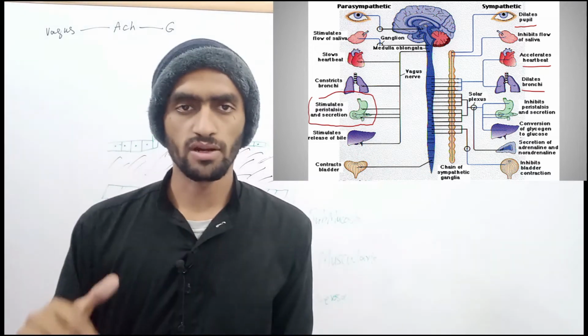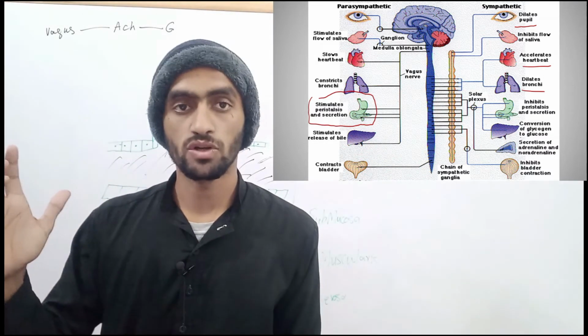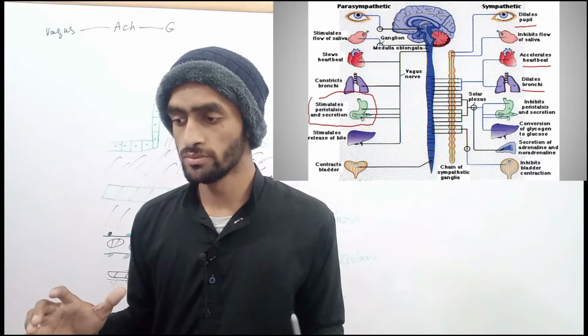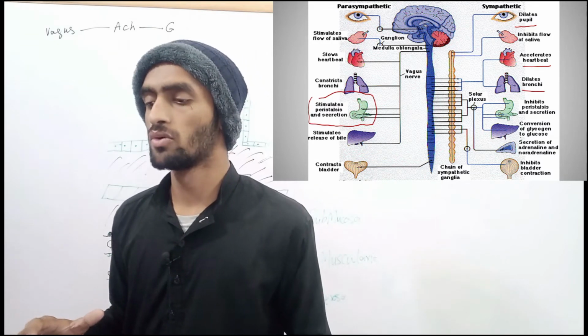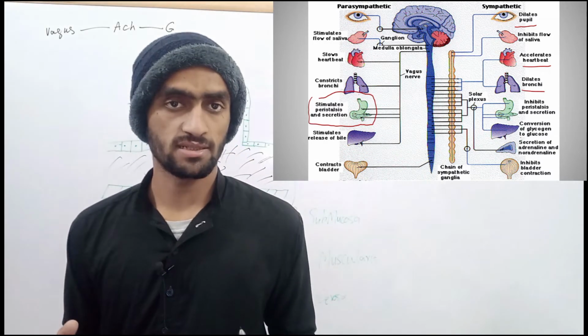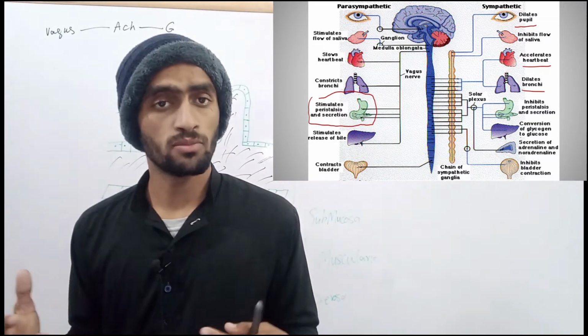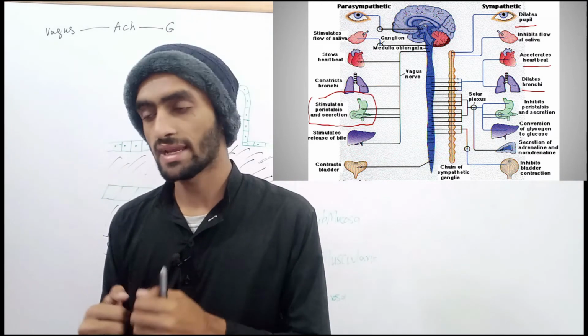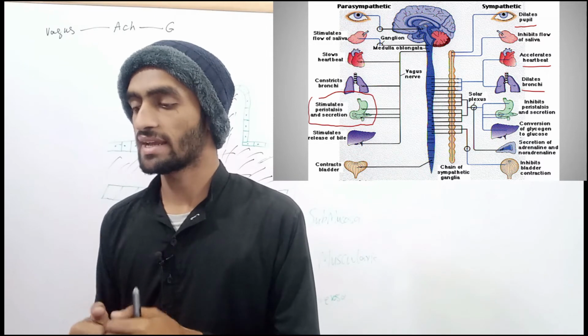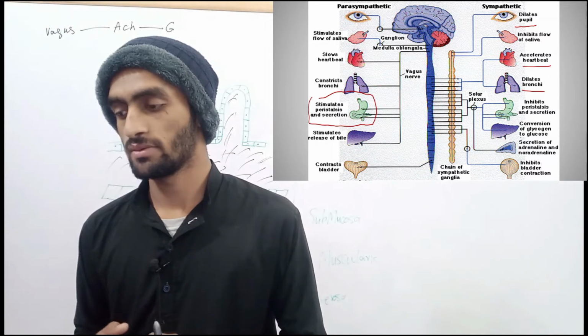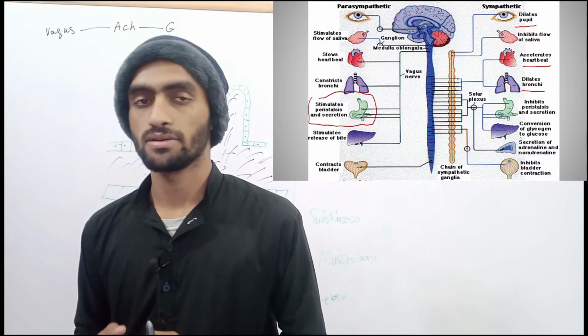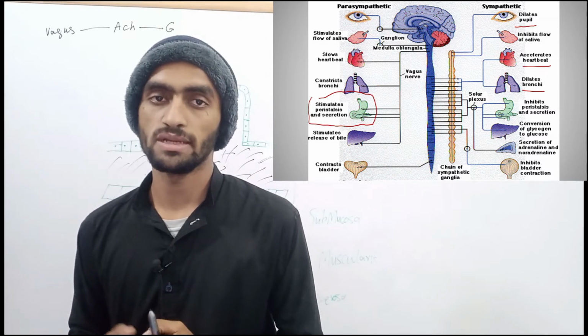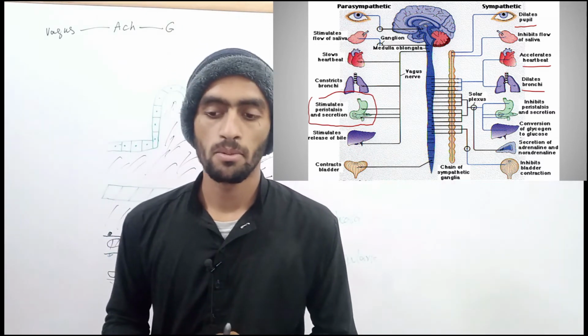Because when I want to run away from a dog, I want blood flow in muscle to be more and more, so I can get energy from blood, and it becomes easier for me.